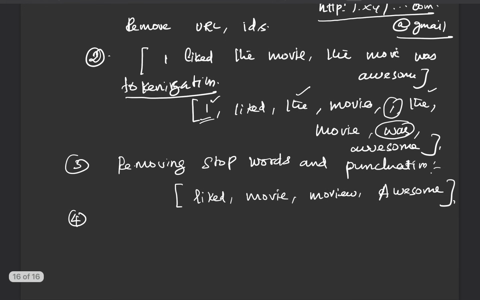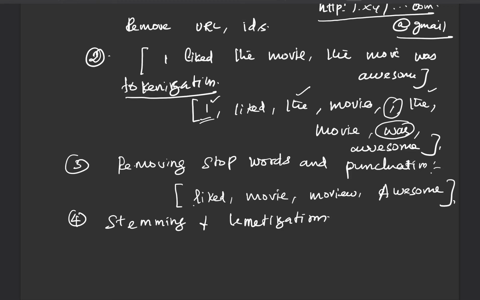Next step, step number 4, is stemming and lemmatization. In stemming, we just take the root word.